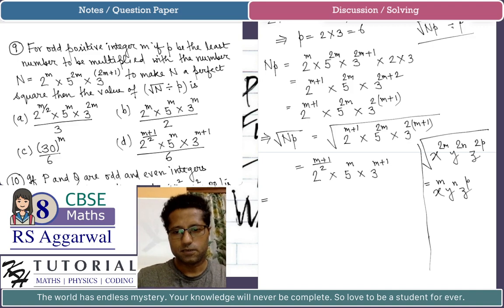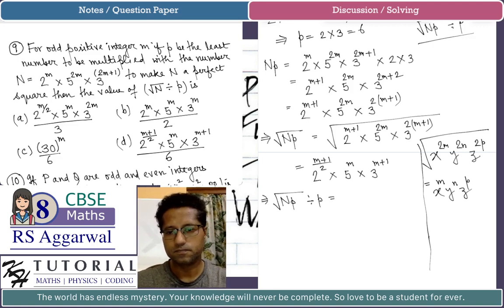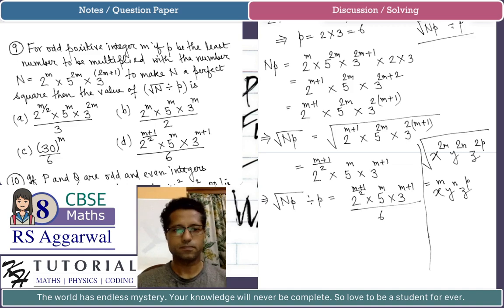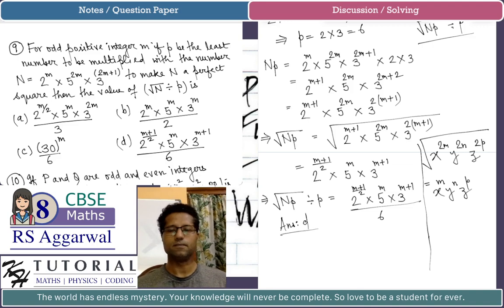So this implies that square root of np divided by p is equal to 2 to the power m plus 1 by 2 multiplied by 5 to the power m multiplied by 3 to the power m plus 1, whole divided by p, where we know p is 6. So the answer is choice D. The answer is choice D.